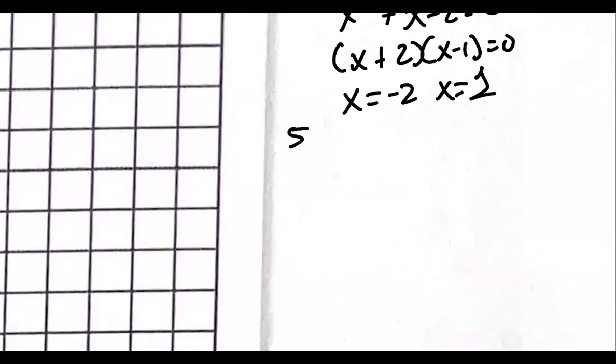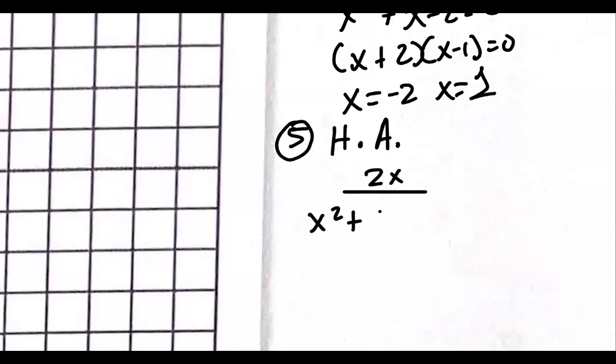Number 5, horizontal asymptote. So we have 2x over x squared plus x minus 2. So n is equal to 1, but m is equal to 2.